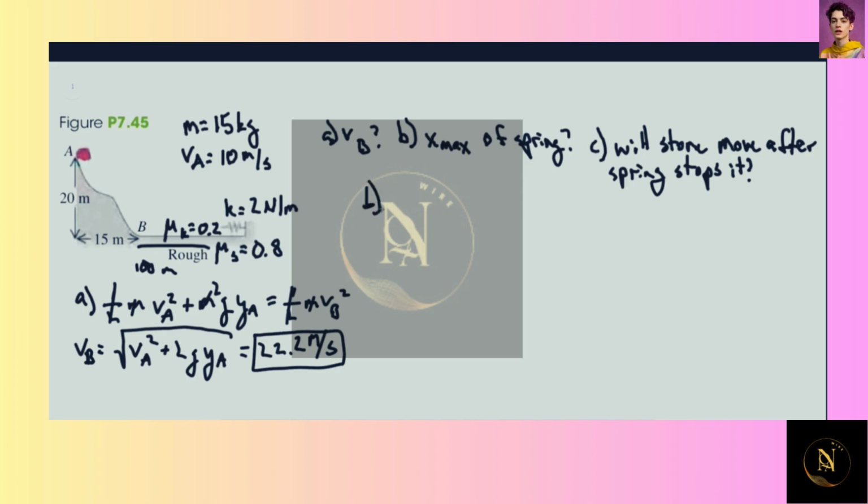For part b, more conservation of energy, but now we have friction adding another work. So the potential energy here from gravity is all going to be 0. So there's no potential energy to begin with, so there's just kinetic. So we'll have 1/2 m v_b squared.